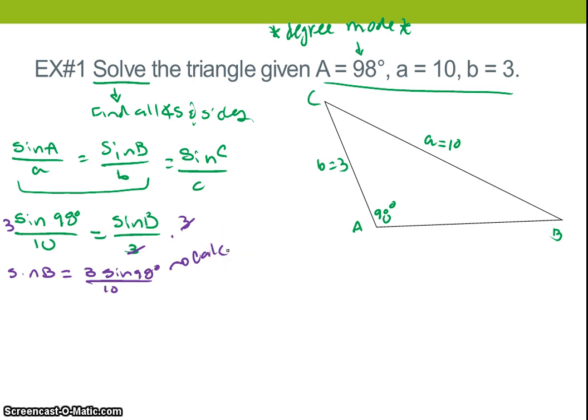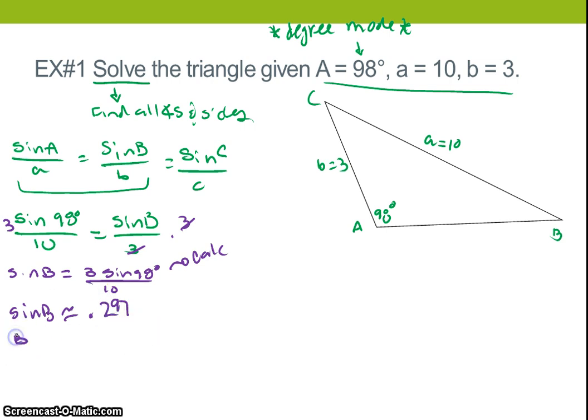And then you would find out what sine of B is. Sine of B is approximately equal to 0.297, and some other stuff. It's still in my calculator.